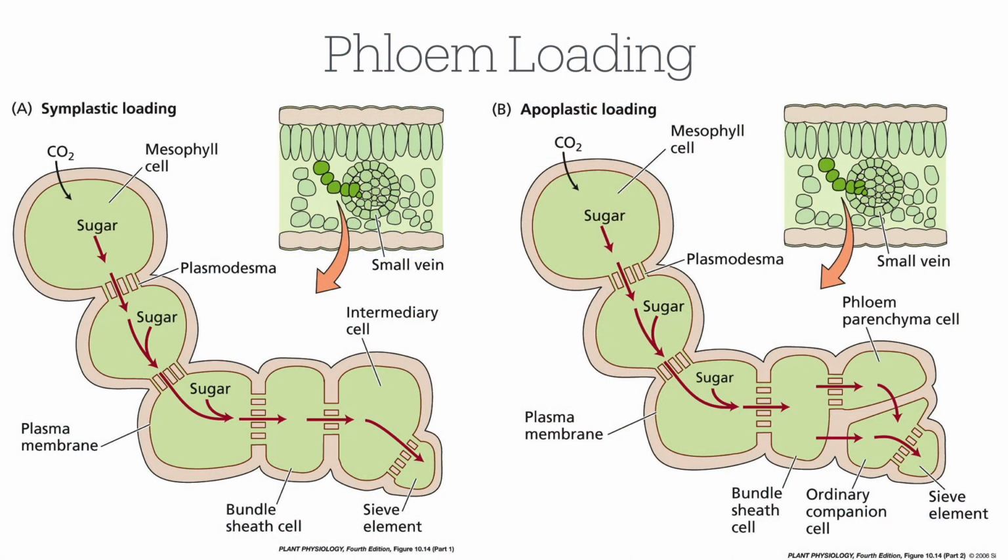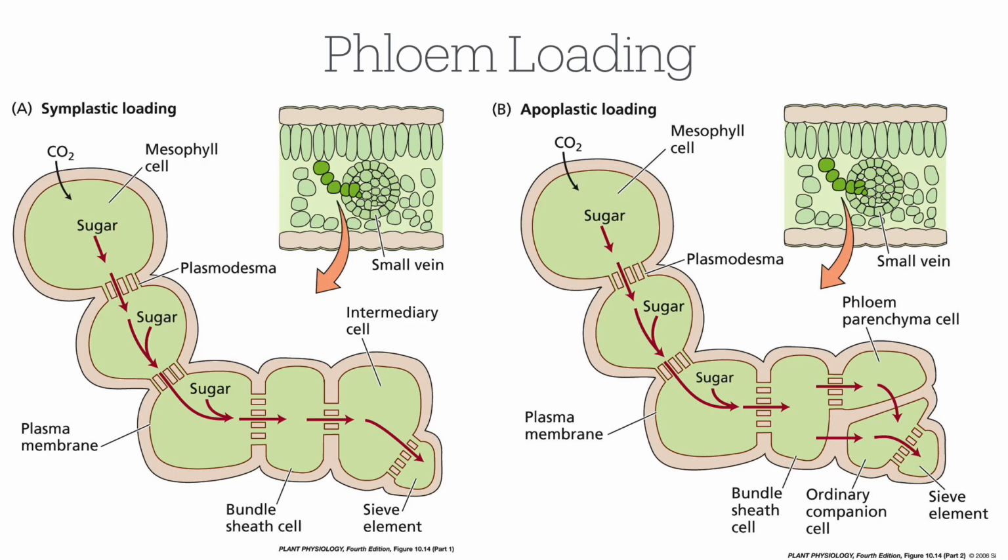The symplast is everything inside the plasma membrane, and the apoplast is everything outside the plasma membrane of the cell. Symplastic transport occurs inside the plasma membrane, inside the cell from one cell to the next, whereas apoplastic transport occurs outside of the plasma membrane in the cell wall space.